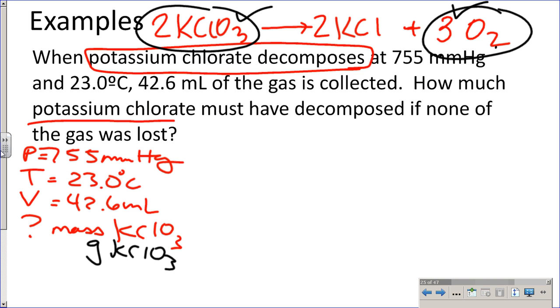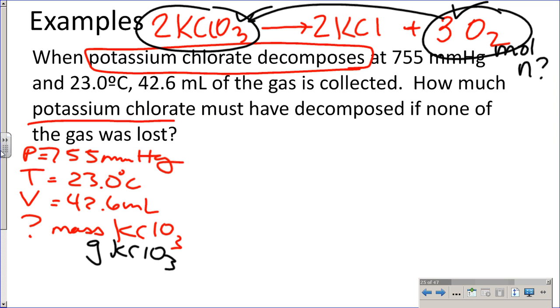I'm going to get moles of the oxygen gas and do a mole ratio back to the chlorate. How am I going to get to moles of oxygen gas given this information? Ideal gas law, right. So my question is get to moles of the oxygen gas, and then I can do a mole ratio to get to potassium chlorate and on.